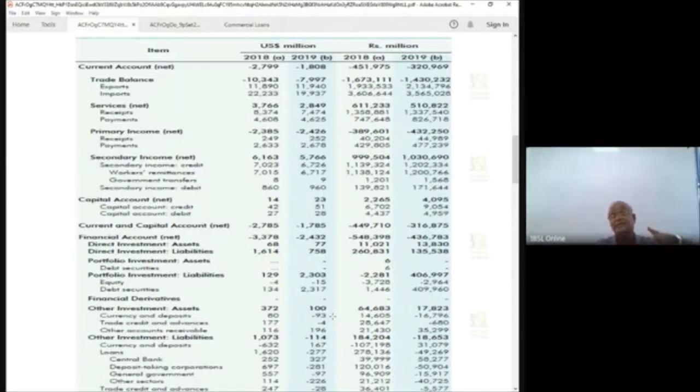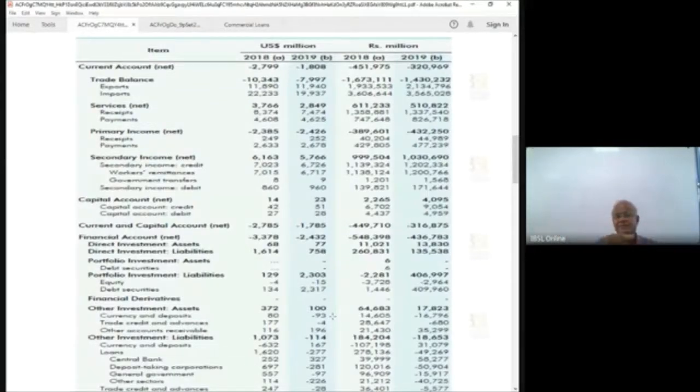This year it will be around 4 to 5 billion. Huge drop. Now what happened? When these inflows drop, even exports also drop. Export earnings also will go down in 2020. Then what will happen? Your current account deficit increases.